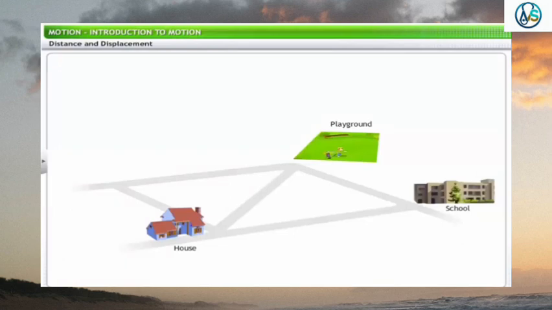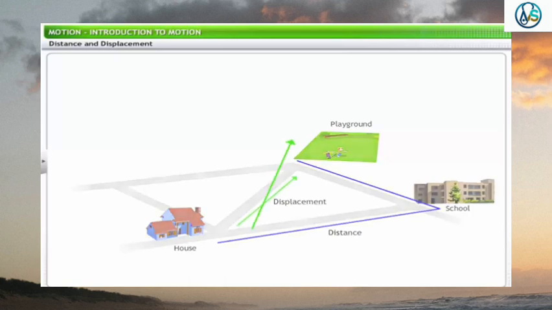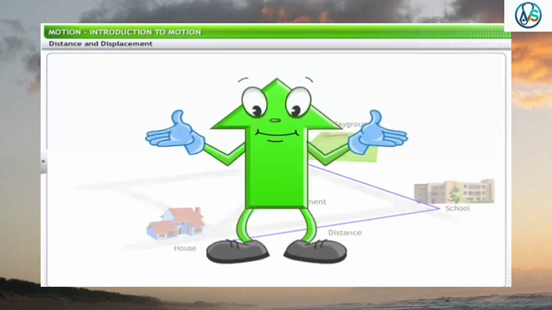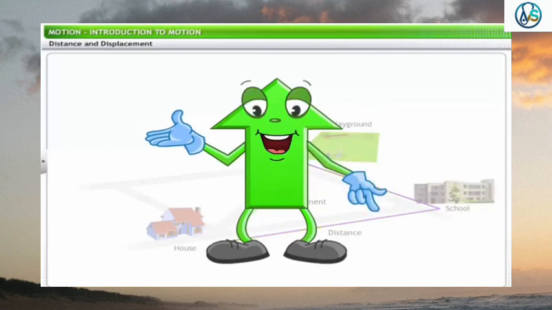You can measure the magnitude of movement of an object using two quantities, distance and displacement. Hi, I am called displacement. I will always show you the shortest distance between the initial and final points, or the aerial distance between 2 points. My cousin is called distance.